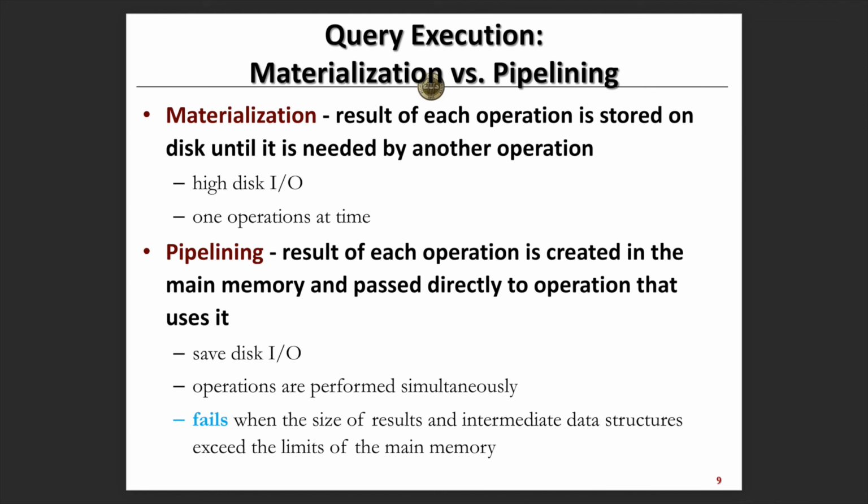However, we also have some challenges because it may fail when the size of the result as well as intermediate result structures exceed the limits of the memory. So in other words, once we do a pipeline for executing queries in a database system, we have to ensure we have enough memory for fitting the results we create during the query processing time. Okay, so this is the query execution process inside database system for handling query inputs based on the logic tree we created before.